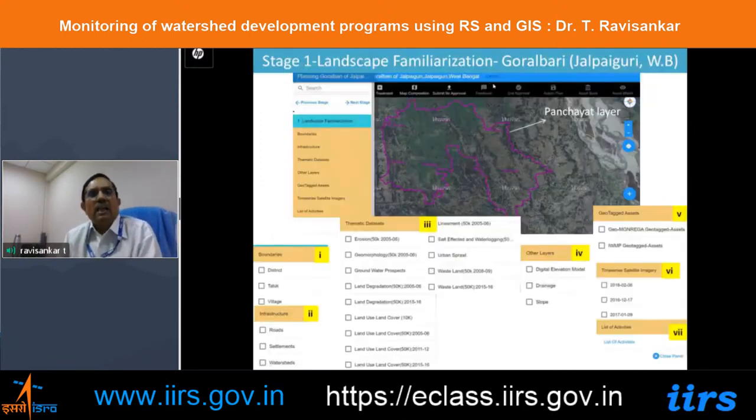Stage 1 is landscape familiarization. You go to any landscape, and first you should know what the administrative boundary is, what the thematic data available are, and what the other land information available is, like digital elevation model, drainage, and land parameters like slope. And what geotags are available, assets already geotagged, and what satellite data is available to plan any natural resource management activity in that particular administrative unit.